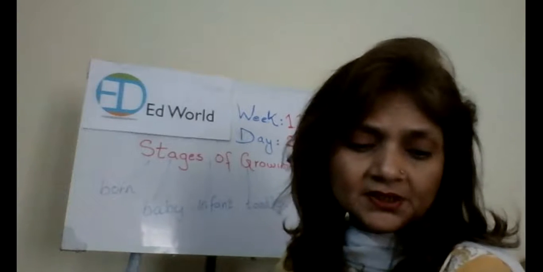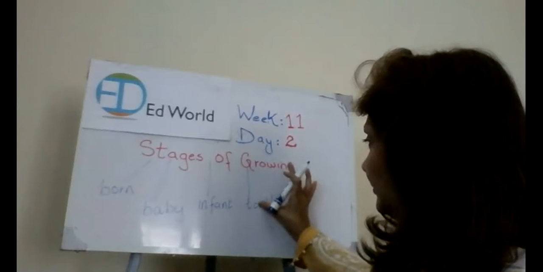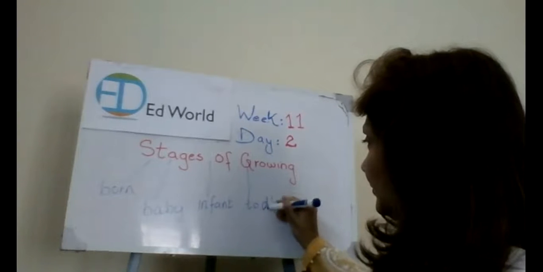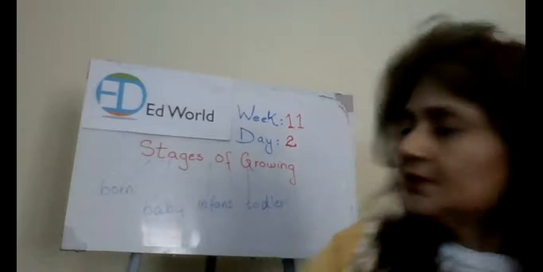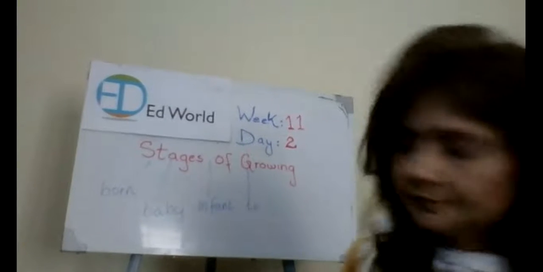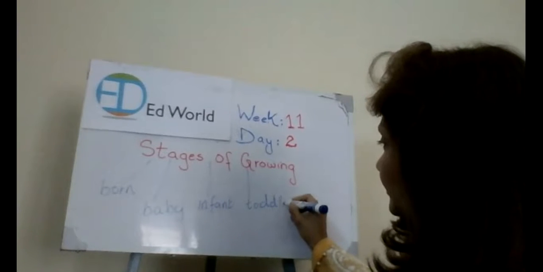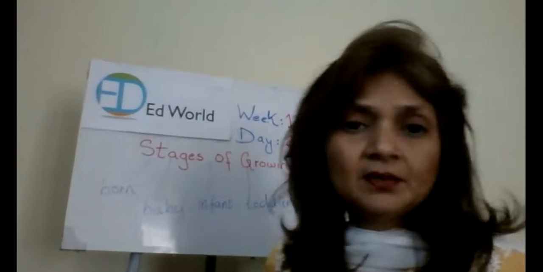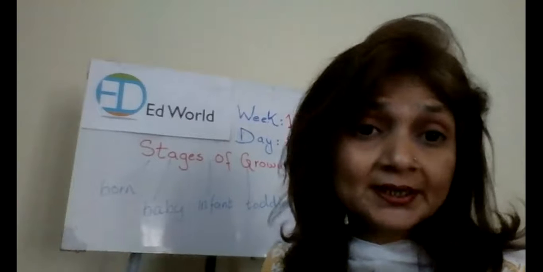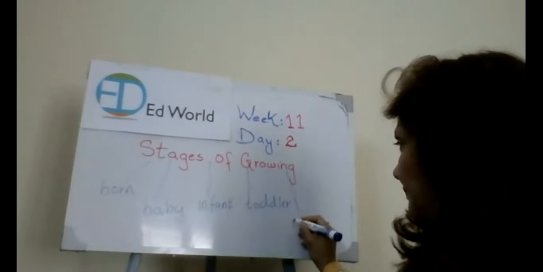Infant becomes a toddler, and later on, the toddler becomes a teenager.